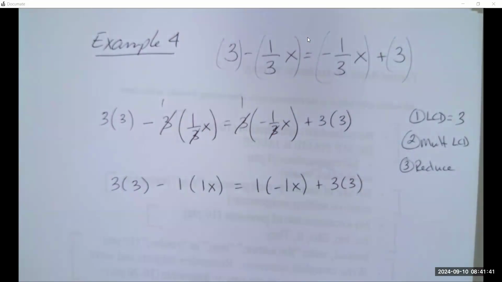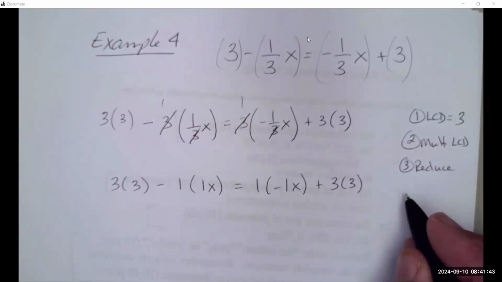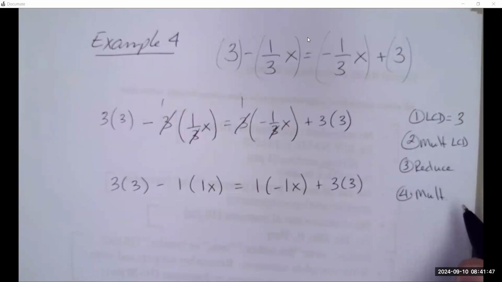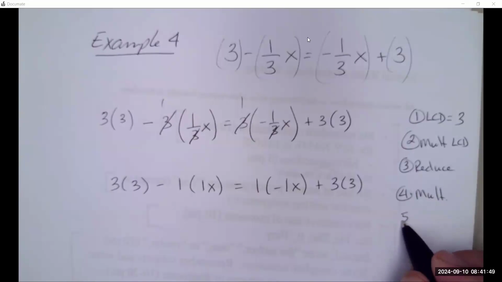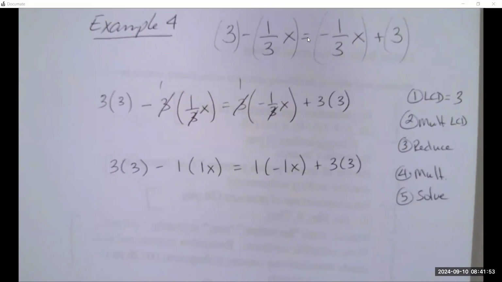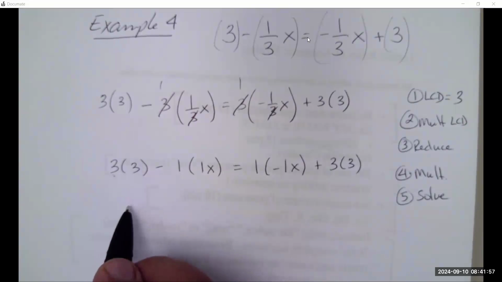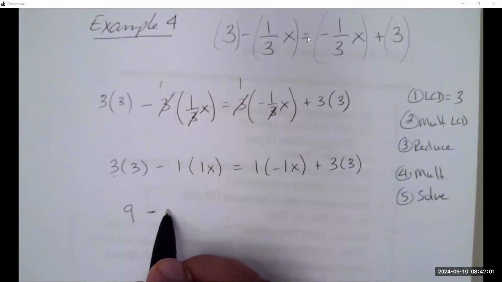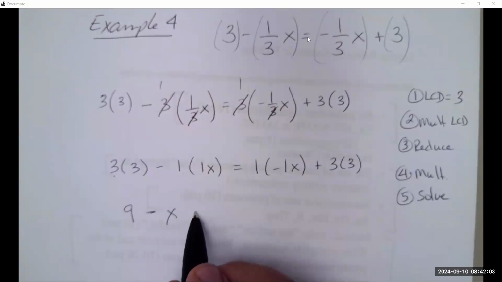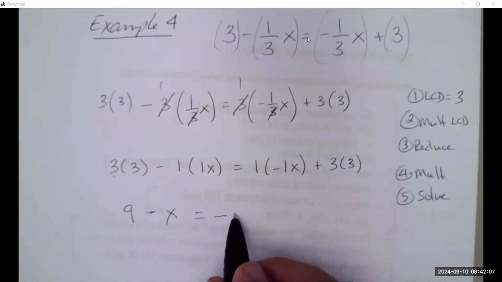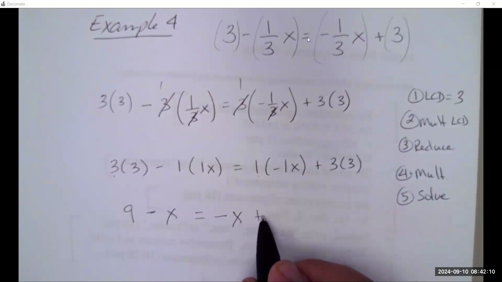Multiply, then solve. 3 times 3 is 9, minus 1 times 1 is 1, x. Positive times negative is negative, 1 times 1 is 1, x plus 9.